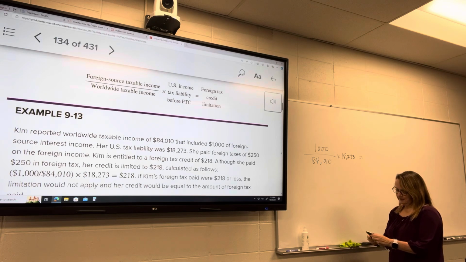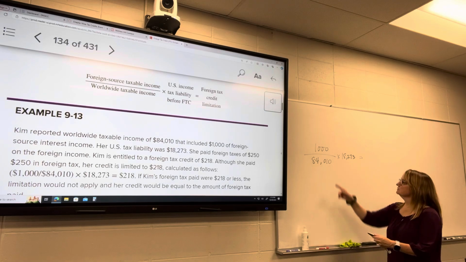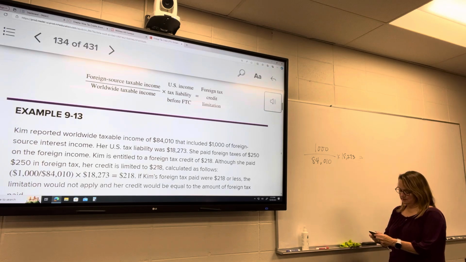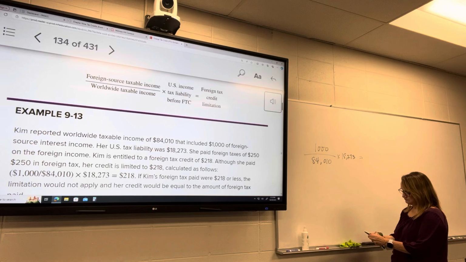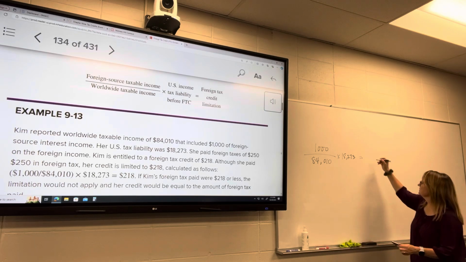That's about 1.2% is what this proportion ends up being. And then you multiply it by 18,273. So $217.51.